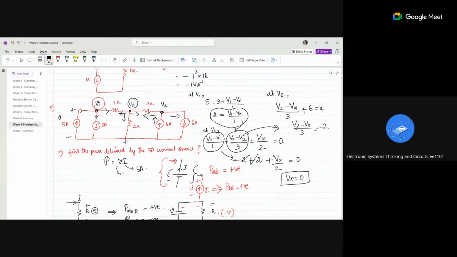Since this is 0 volts, I can apply Vx equal to 0 volts in this first equation. So 2 is equal to V1 by 1, which means V1 is equal to 2 volts. So my voltage is 2 volts. So the power delivered by the 5 ampere current source is 10 watts, right?